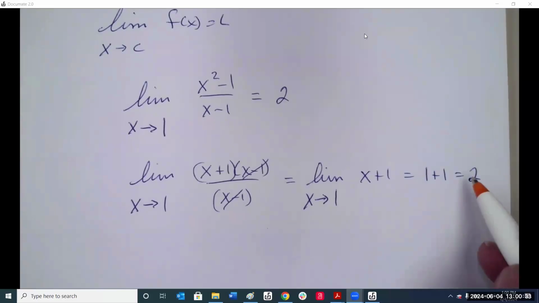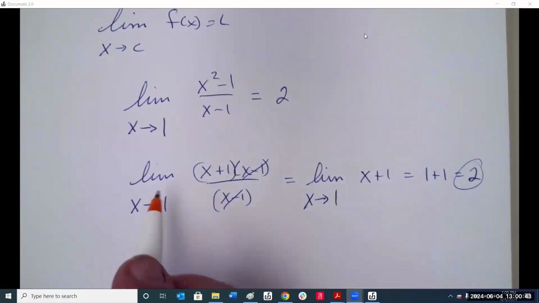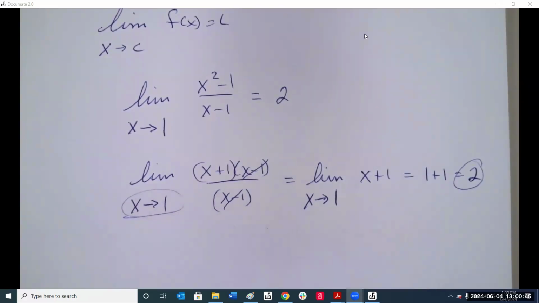Again, this number 2 does not mean that that's the value the function equals. It simply means that that's the value that the function is approaching as x gets closer to 1. Because remember, the graph will have a hole at that point 1, 2. That's what that means.